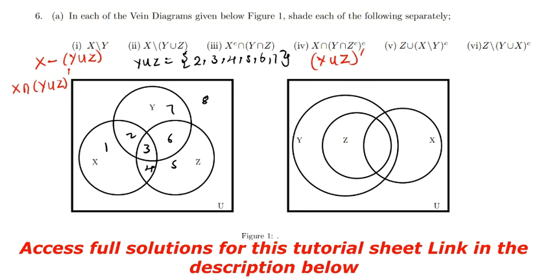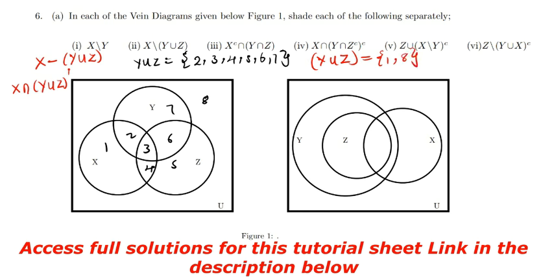Complement simply means the elements which are not found in those two sets, but they are in the universal set. So let's exclude these elements. Everything that remains is y union z complement. What remains is 1 and 8 only. So this will be equal to 1, 8.